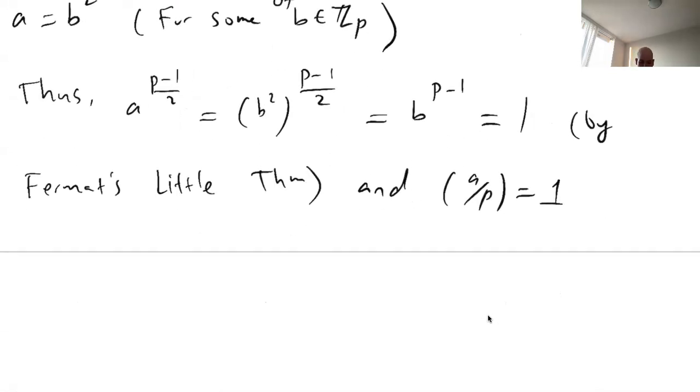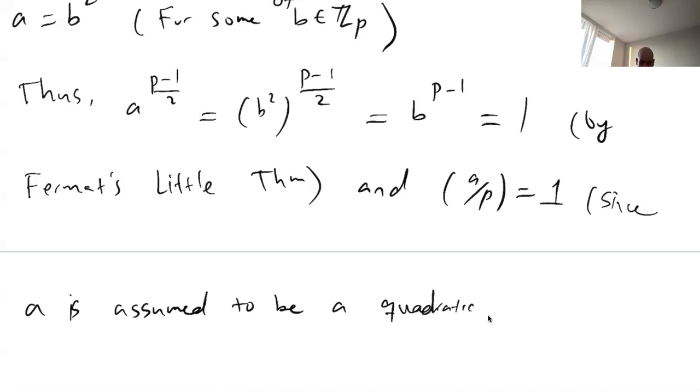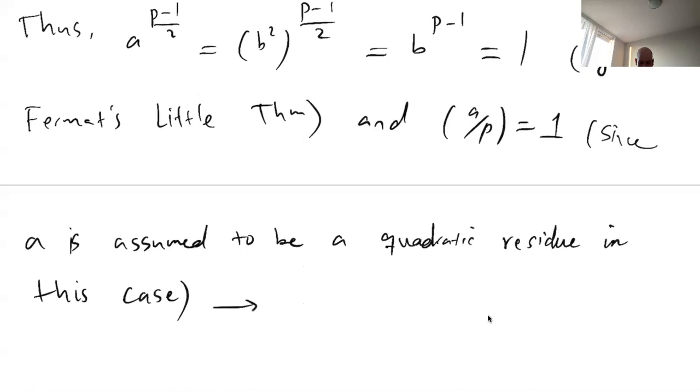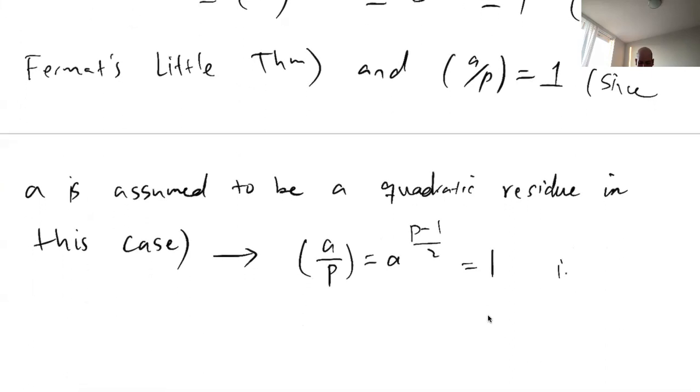So A over P equals 1, since A is assumed to be a quadratic residue in this case. So we can say that A over P equals A to power P minus 1 over 2 equals 1 in ZP.